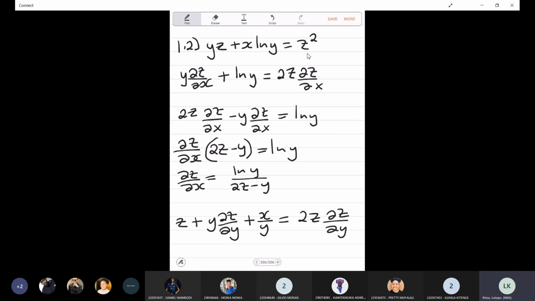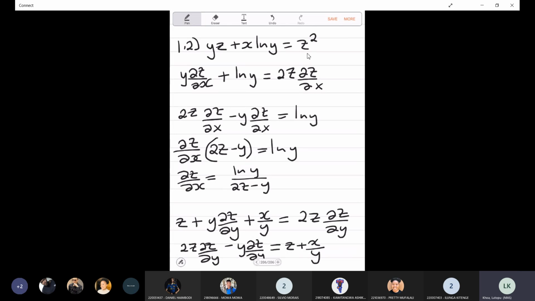And then we collect all the terms with dz/dy on one side, everything else on the other side. So we have 2z dz/dy minus y dz/dy, and this is equal to z plus x over y.